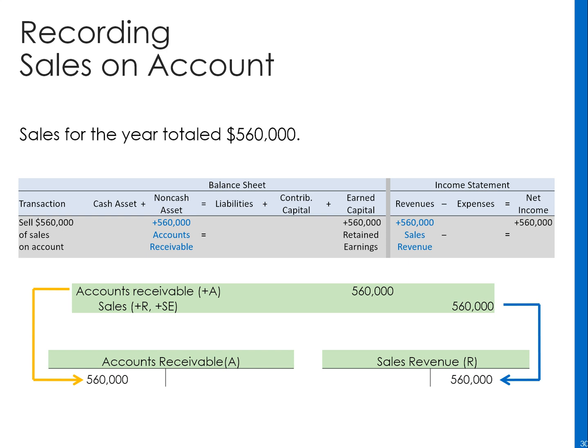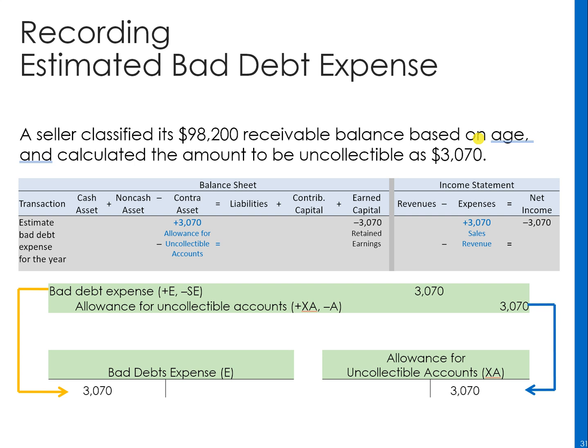Importantly, the journal entries. We start with credit sales, for example 560 of credit sales. So debit accounts receivable, credit sales. We know that. Next, we record the bad debt expense and the allowance for uncollectible accounts.